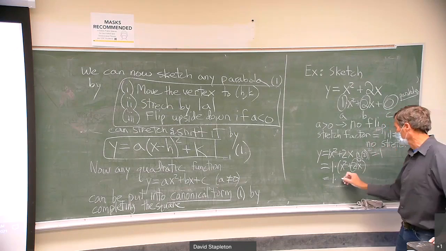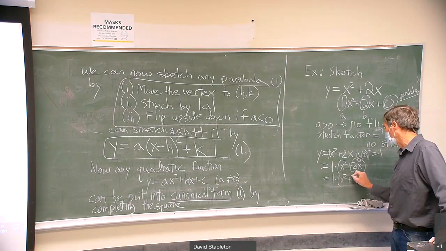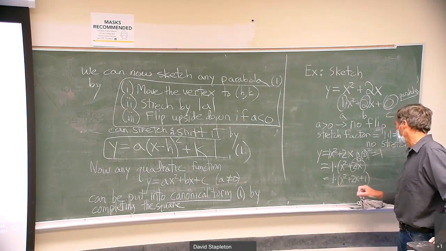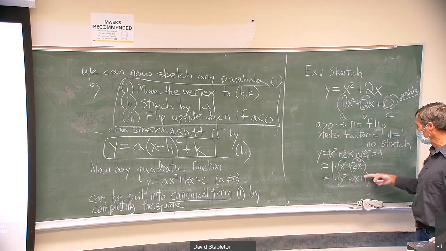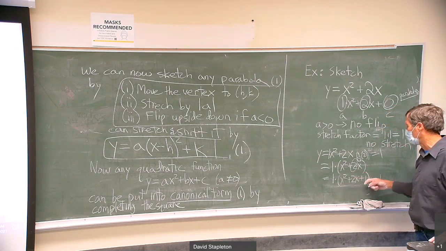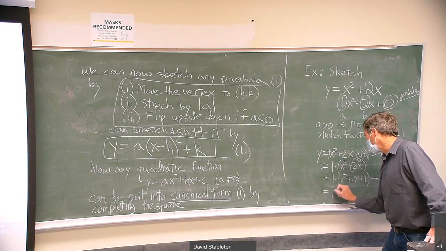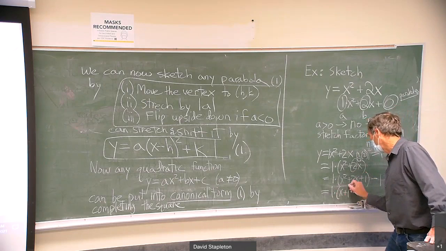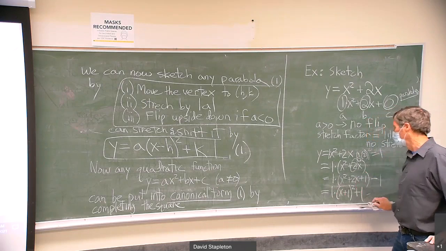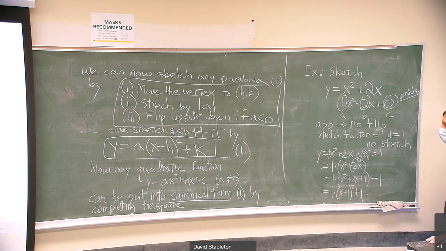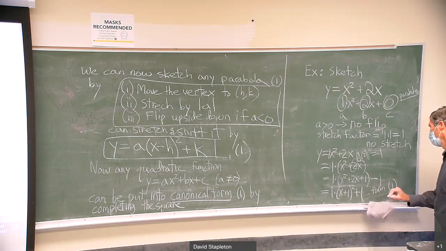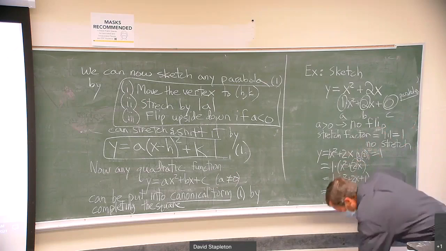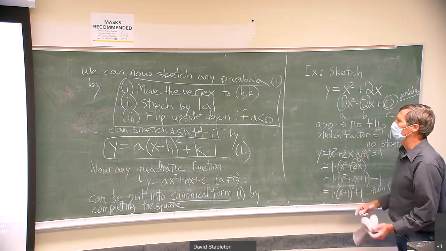So I have to add 1 in here to make a square: x squared plus 2x plus 1. Now it's a square, but I've changed the function, so I'll subtract 1 here to cancel it. That's the same function because these cancel, but this is a square. So I'll write that as 1 times (x plus 1) squared minus 1. There it is. This is of the form 1. All right? If I think of this as x minus a minus 1.